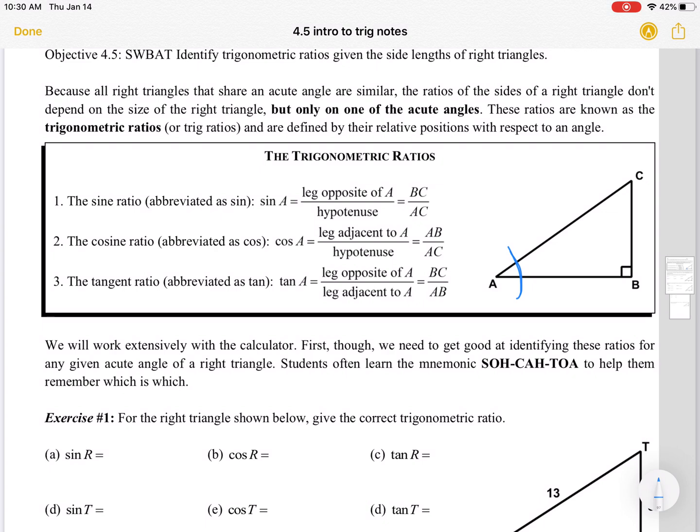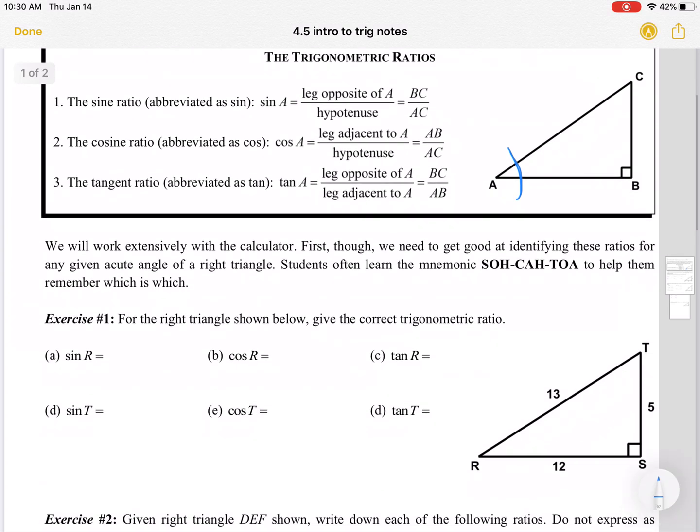Now again, guys, that is just a very fancy way of saying that when we are given a right triangle, we can use this mnemonic device, SOHCAHTOA, to remember our ratios. So SOHCAHTOA means that sine of an angle is going to equal the opposite side over the hypotenuse.